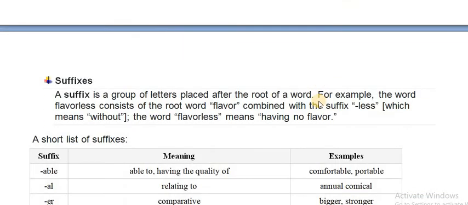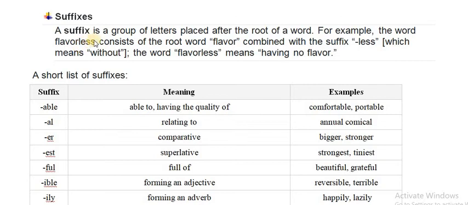Now, suffix. The suffix is a group of letters placed after the root of a word. That means a basic word is given, and after that when we add something, that is called a suffix.